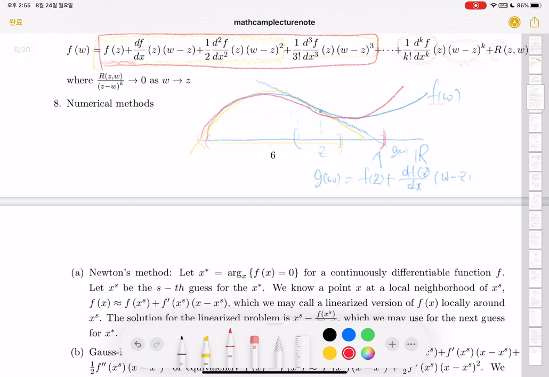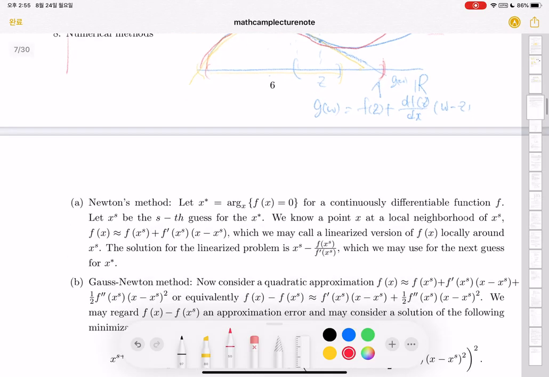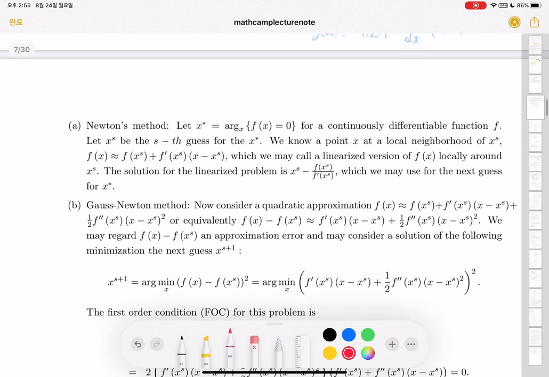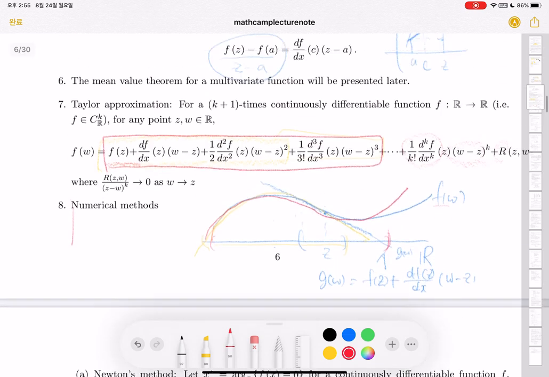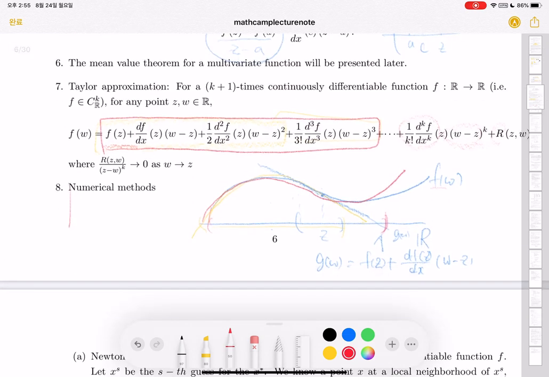All right, numerical method. Suppose you are solving an equation, so you are going to get a solution of an equation.